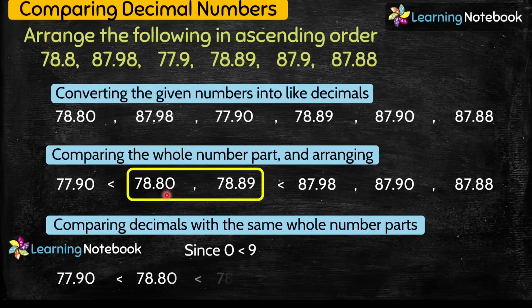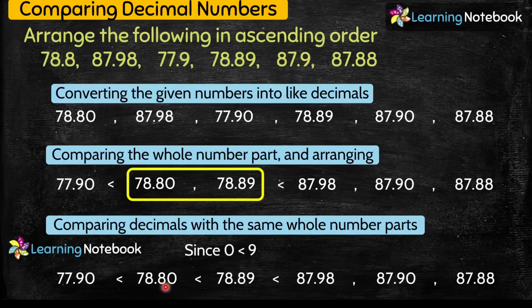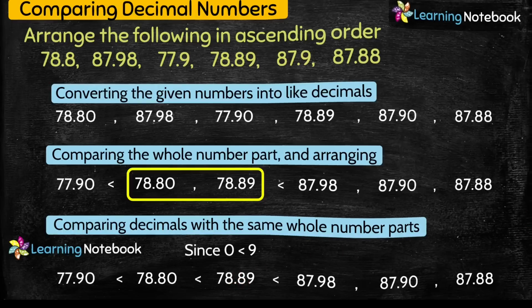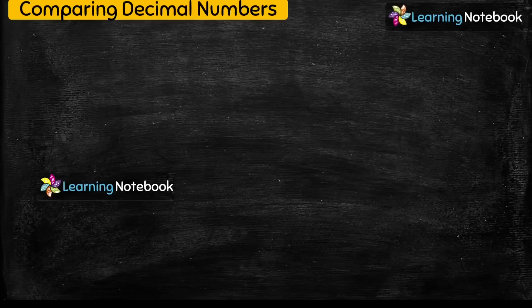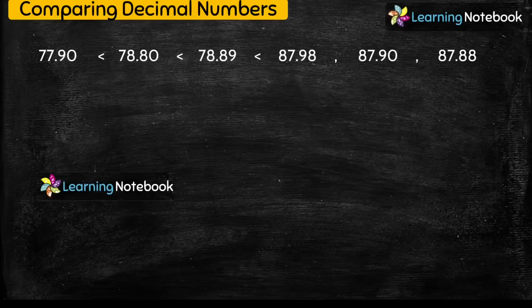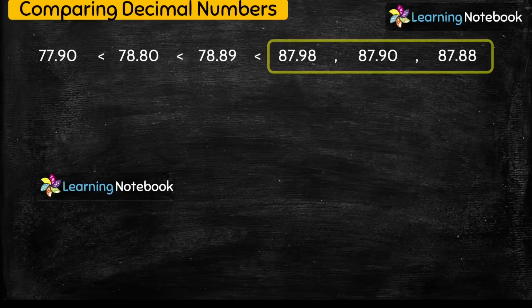Since 0 is less than 9, so it means 78.80 is less than 78.89. Now students, let's arrange second group of decimal numbers which have same whole number part.